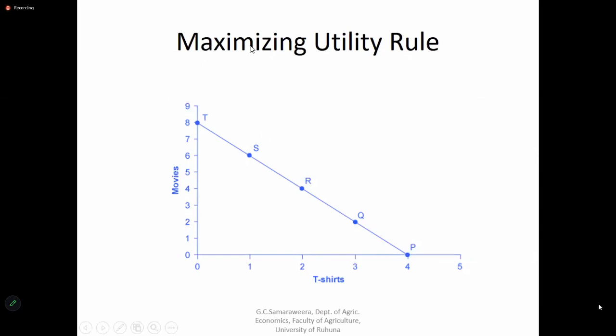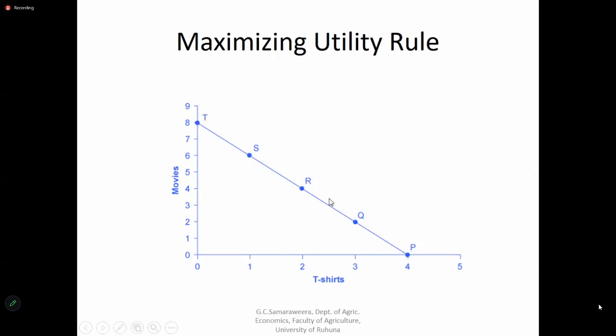Now we will see the maximizing utility rule. Here I took one service, a movie, and one product, a t-shirt, just to help you understand. At this point, how many t-shirts? 0.